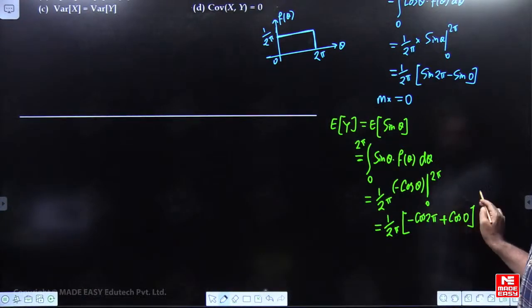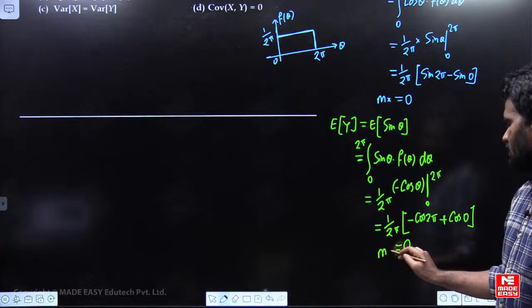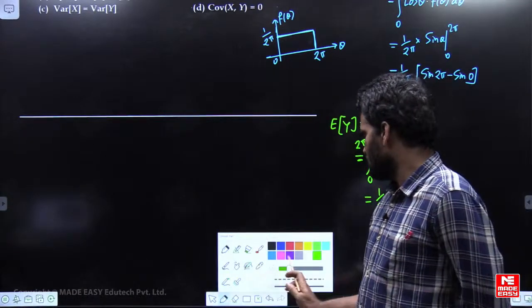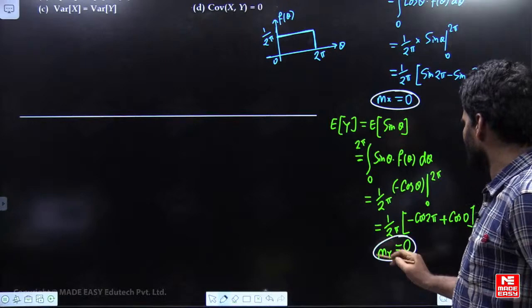Cos 2 pi is 1, cos 0 is also 1, 1 minus 1 will be 0. So expectation of y, my, is also 0. Mx is 0, my is 0.